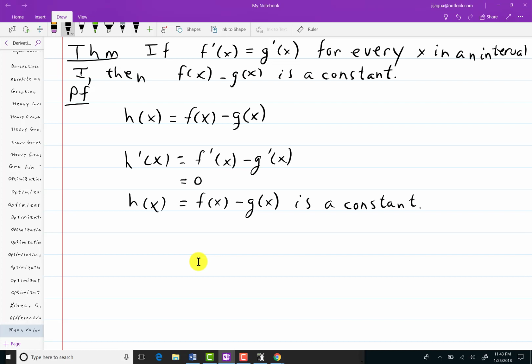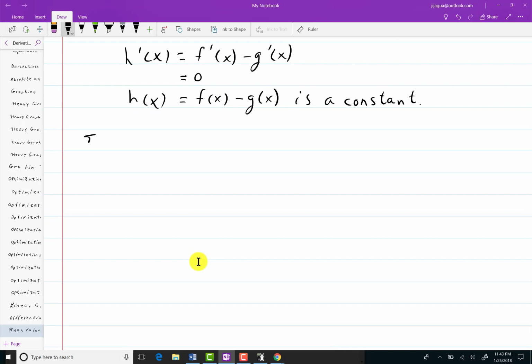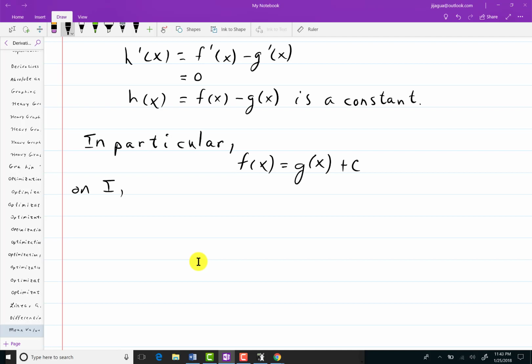In particular, this is not part of the proof, but I think you might find it useful: f of x equals g of x plus c on I for some constant c.